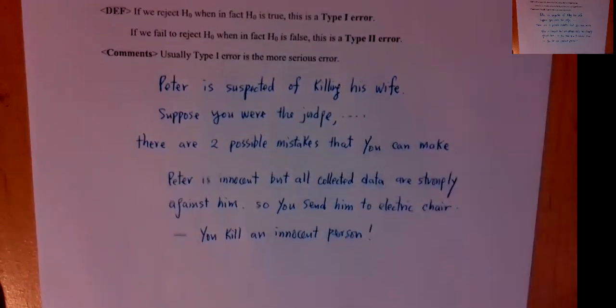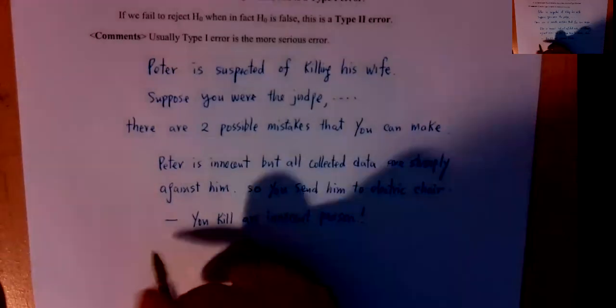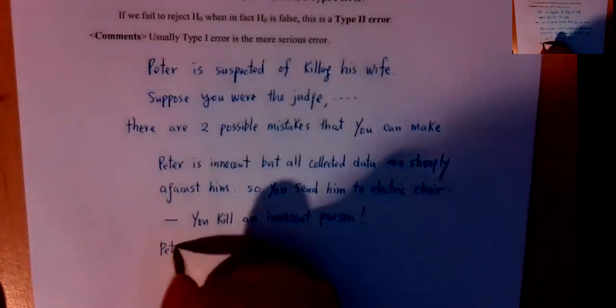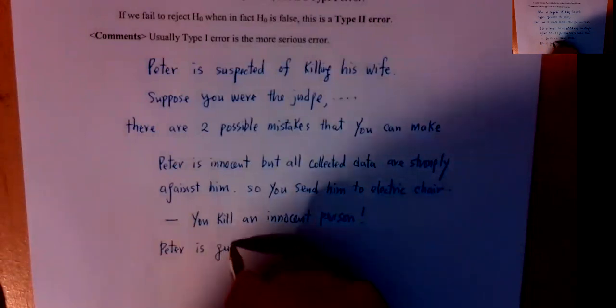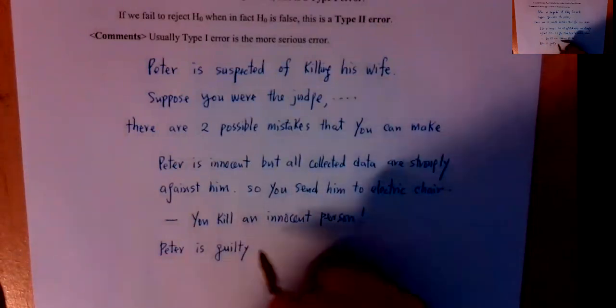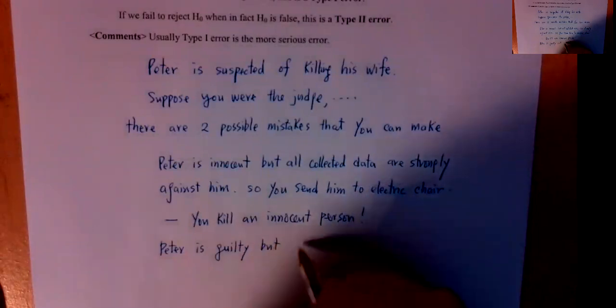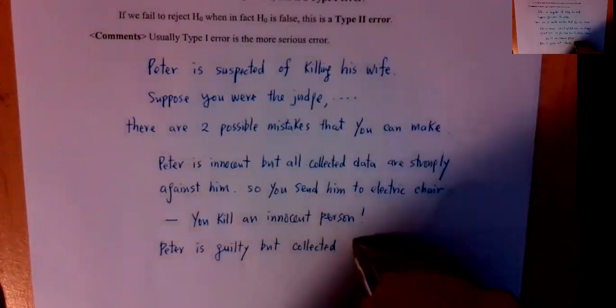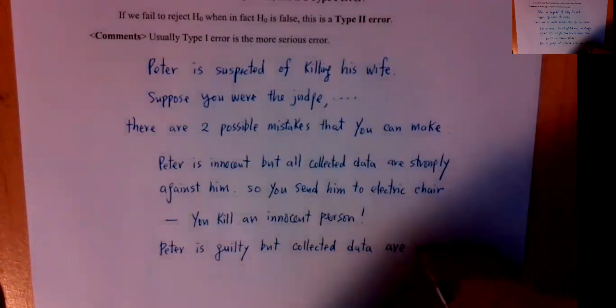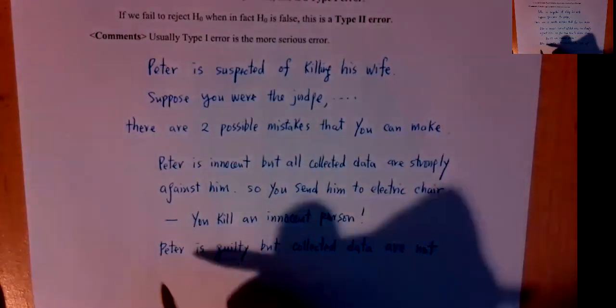The second mistake is Peter is guilty. But collected data are not strong enough.